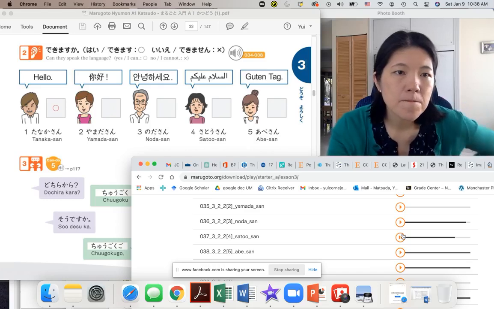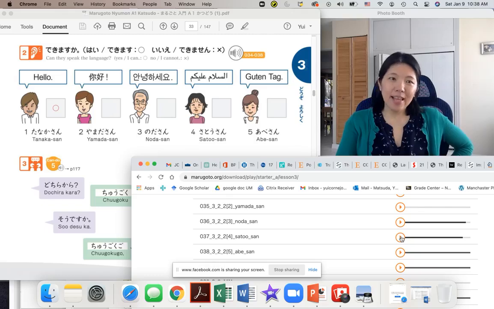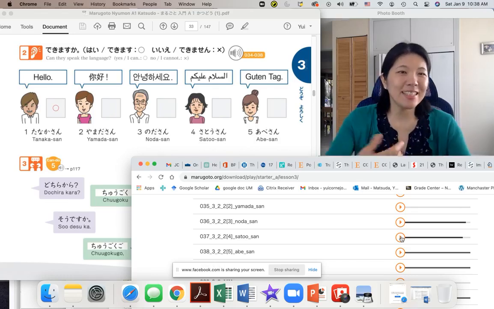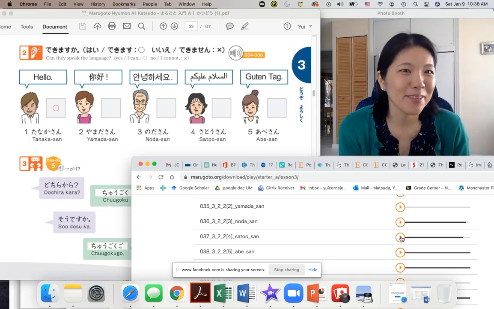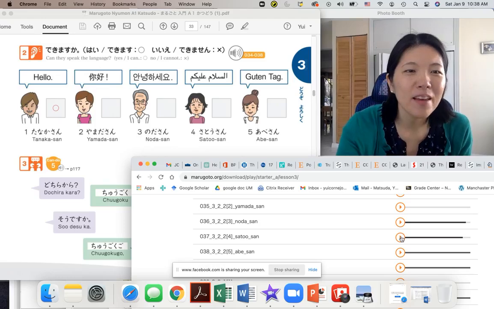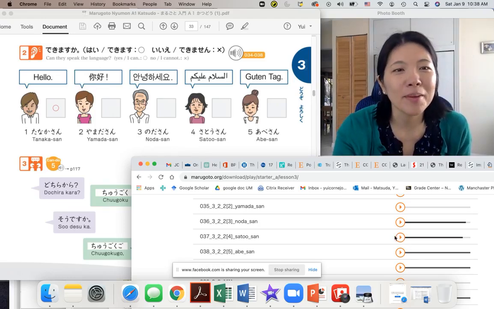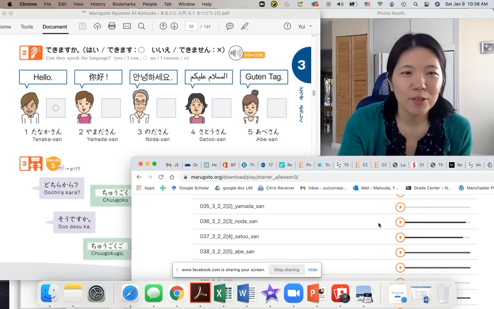アラビア語は難しいですね。アラビア語は, so that's the subject. Arabic is 難しい. You know what 難しい means? 難しい is difficult. ですね is like you are putting in an agreement, don't you agree? Kind of thing to the person Sato-san is speaking to. So, Arabic is difficult, isn't it? Like that. So yeah, Sato-san doesn't speak Arabic.